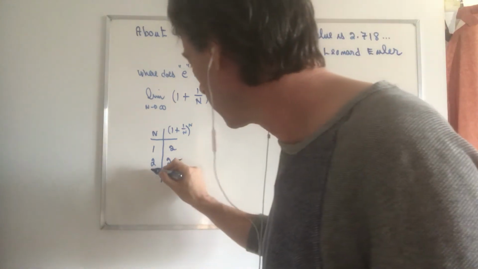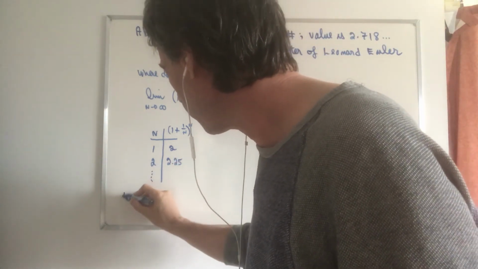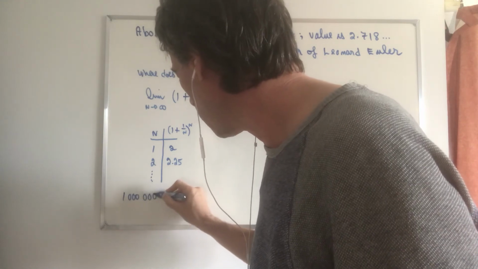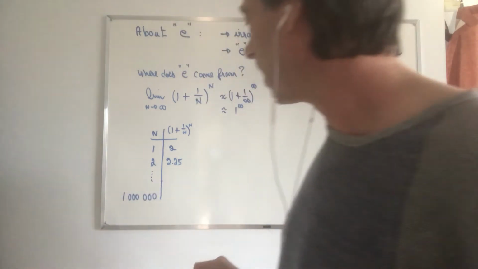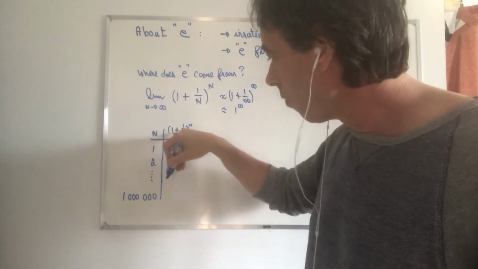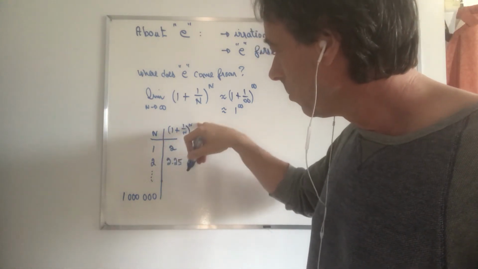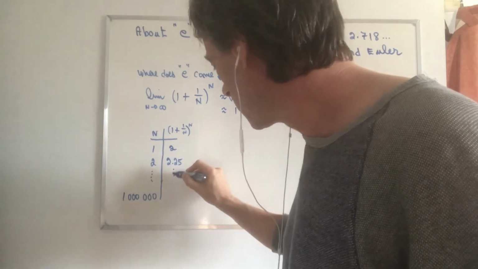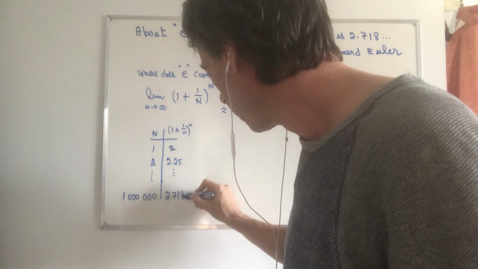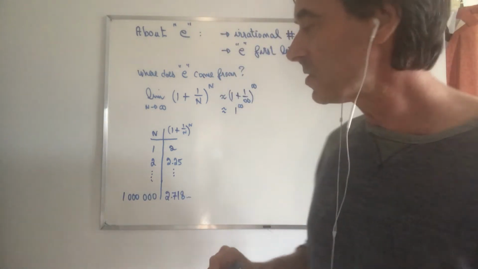But if you take a very, very large number, like say 1 million, and you put it in there, you can verify this on your calculator. 1 plus 1 over a million to the power of a million, strangely enough, turns out to be this number.